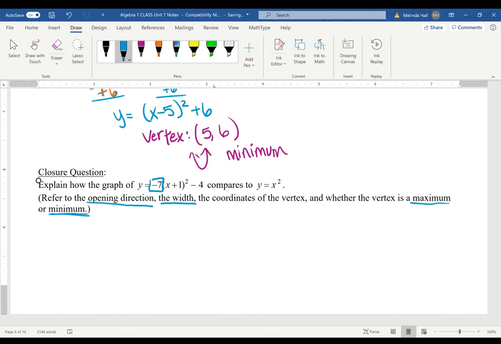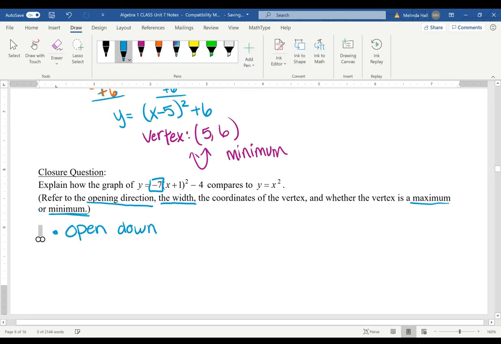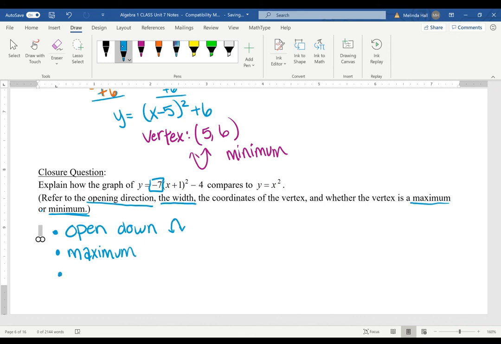So in this case, because it's a negative 7, that means it would open down. Since it opens down, that'd be like this, which means I would have a maximum. And on top of that, because it's a 7, it's bigger than 1, which means it's a vertical stretch, which means it's gotten narrower.